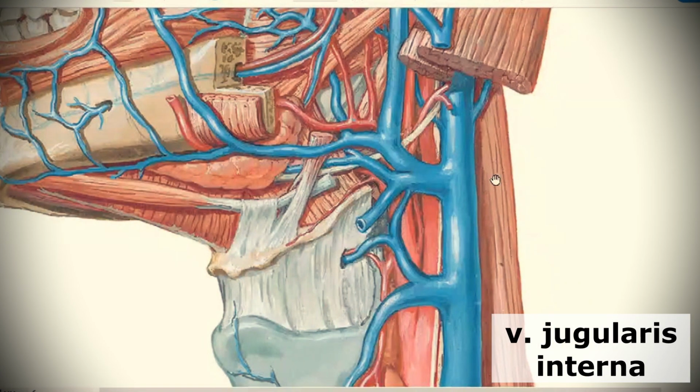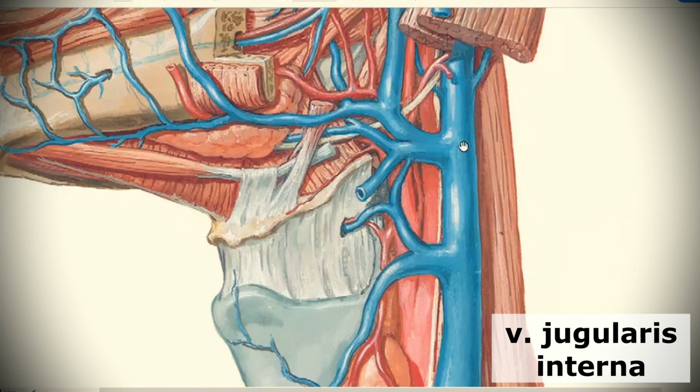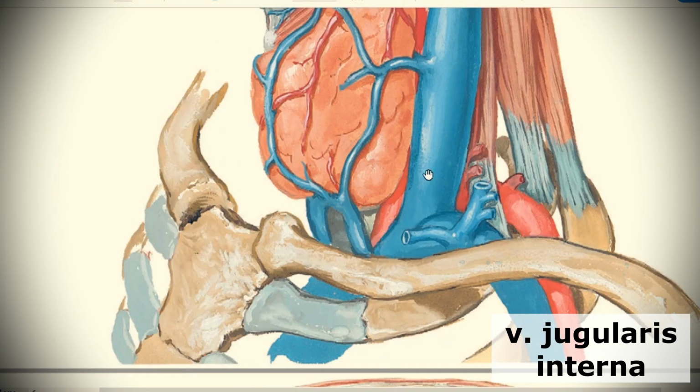It originates from the foramen jugulare of the occipital bone and goes down, situated on the neck, behind the sternoclavicular joint. The vena jugularis interna unites with the vena subclavia.